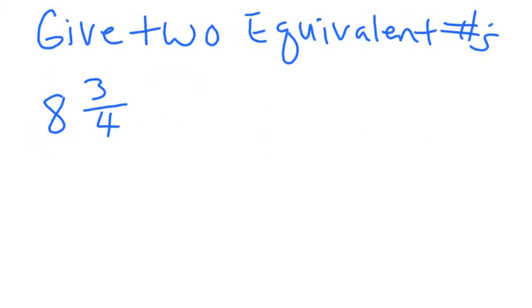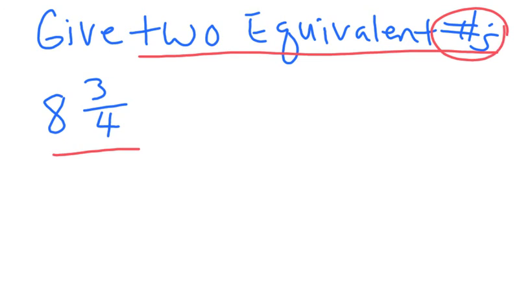Now, sometimes the book in this section wants us to give 2 equivalent numbers, and it doesn't say write them as fractions or decimals, so we could do both. So if it gives you 8 3/4 and says give 2 equivalent numbers, well, what's that as a decimal?